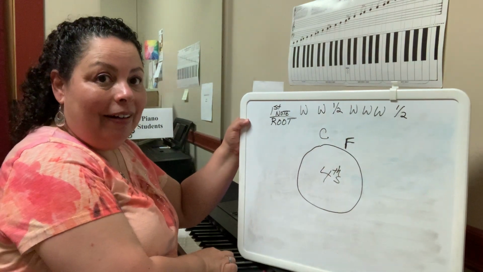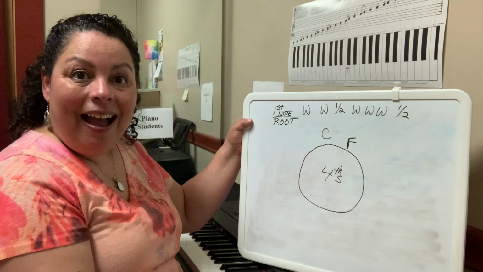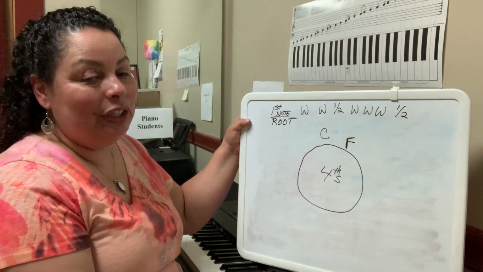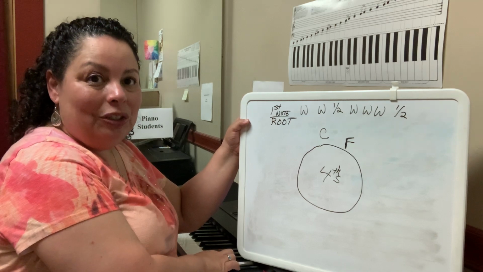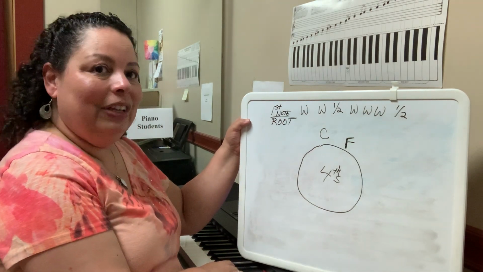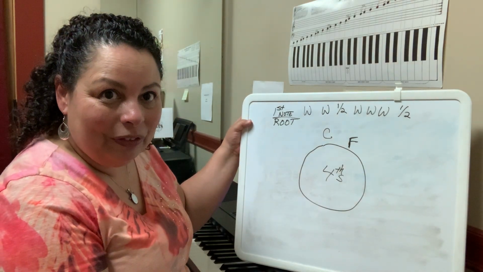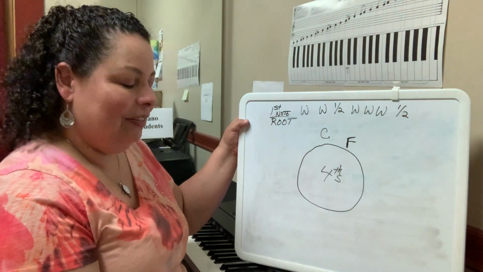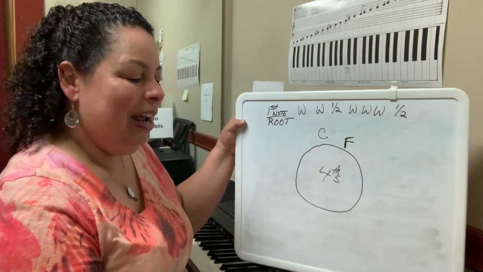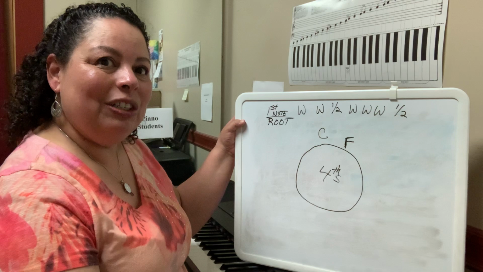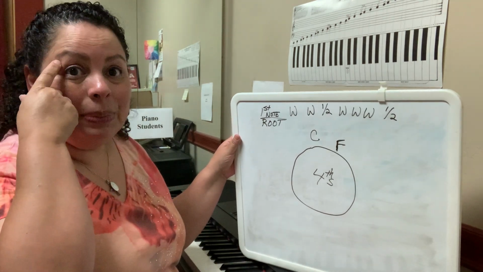Half notes, and there's 12 of those. 1 is your first note. 1, 2, 3, 4, 5, 6, 7, 8, 9, 10, 11, 12. And then you start over. All right, so that's all your half steps.